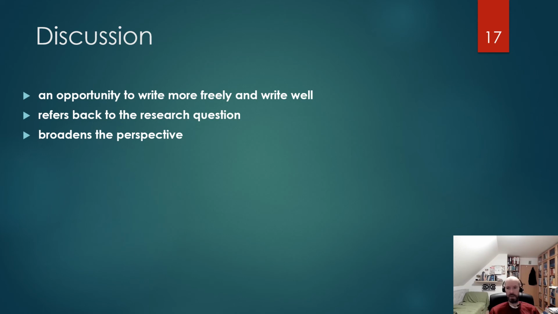So basically the discussion section is about presenting your key results, putting them in context, in the broader context of your research area, and stressing what is important about your results, why your study matters in this particular context.